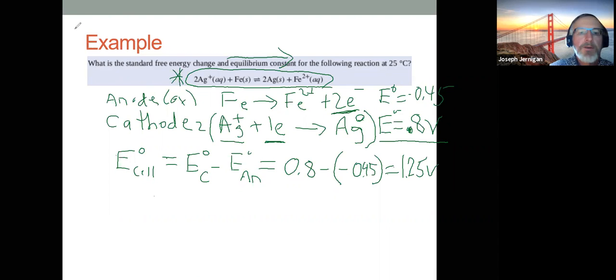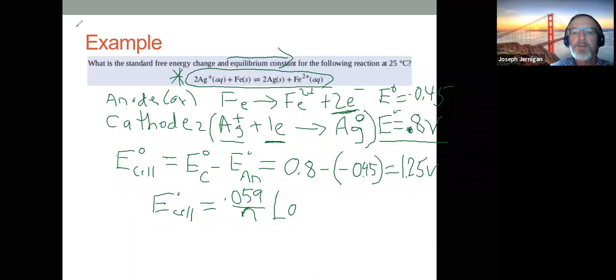We also know that E cell is equal to 0.059 over N log K. My brain and my hand are often disconnected from each other, so sometimes my hand just scribbles and my brain is trying to tell it not to.